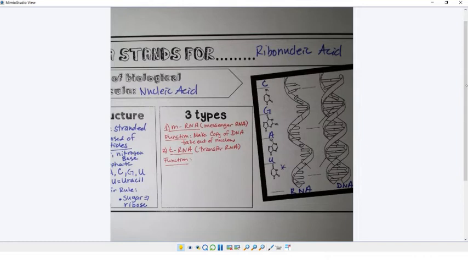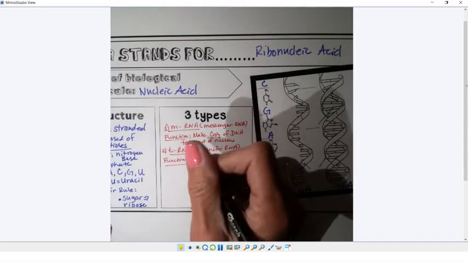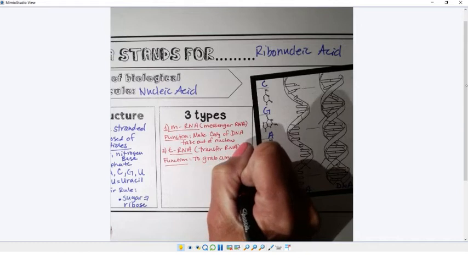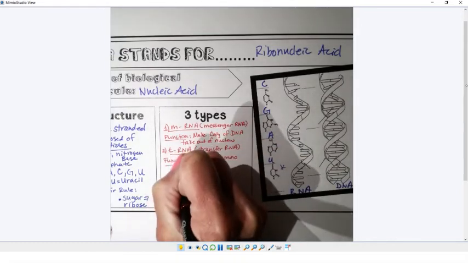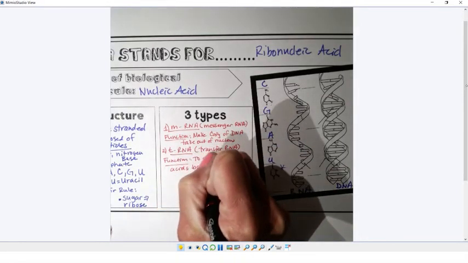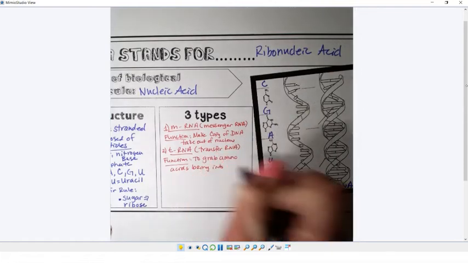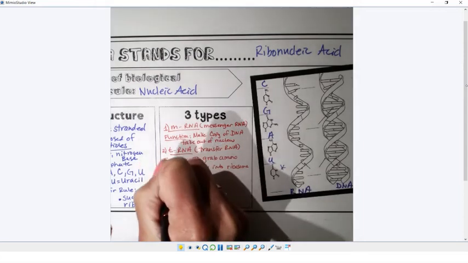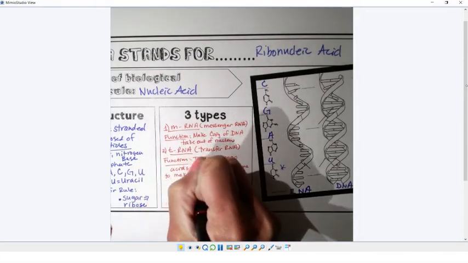He goes around, he snags amino acids, and then he brings them into the ribosome so proteins can be made. Okay? So his function is to grab amino acids and bring into ribosome to make proteins.